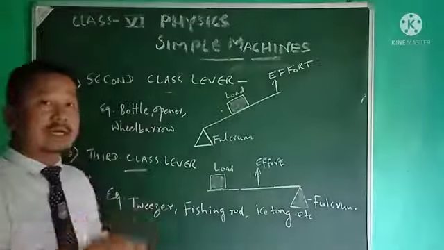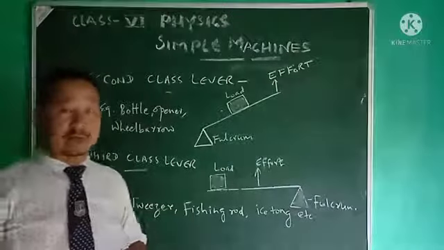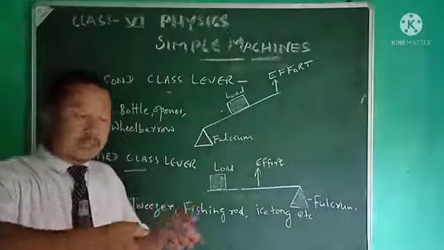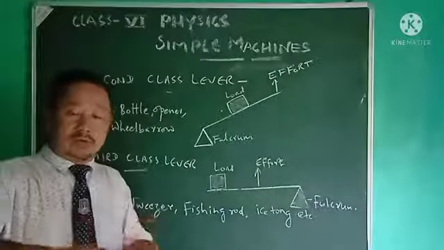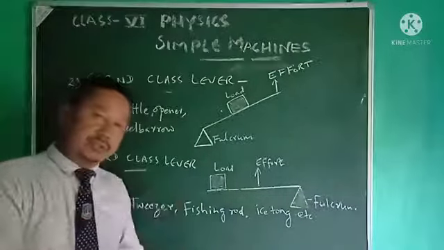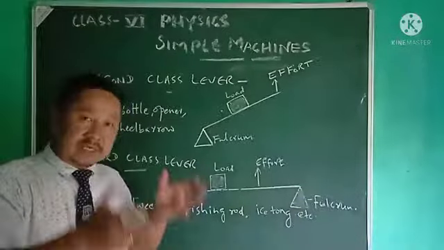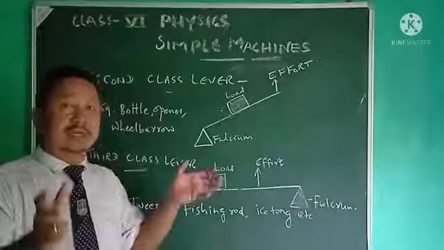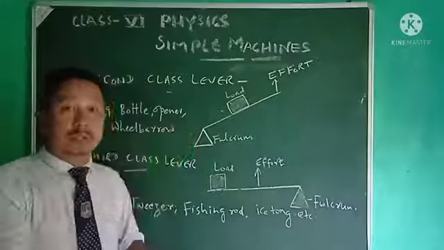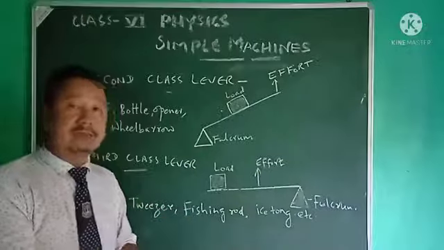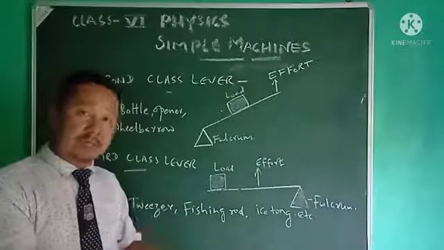Similarly, the wheelbarrow. You must have seen a wheelbarrow. At one end you apply the force, and in the middle there is an empty box where some load, the materials to be carried, is put, which is the load.